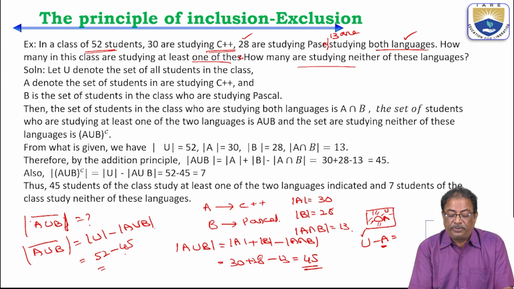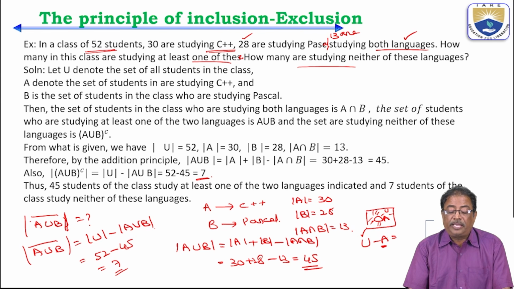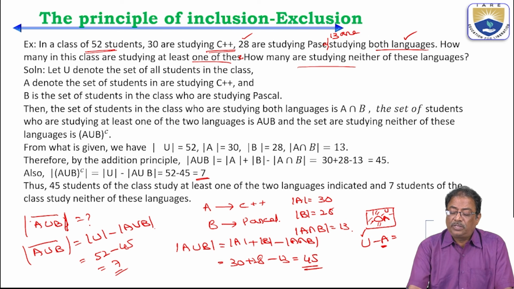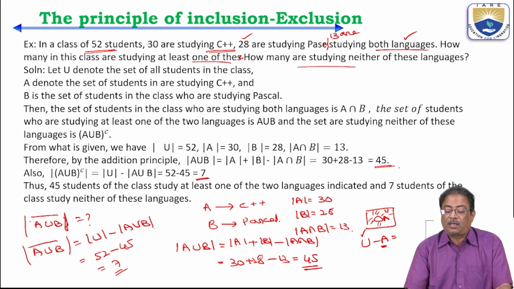Subsequently, we get 7. So 7 students are not taking C++ or Pascal, but either C++ or Pascal, there are 45 students taking these two courses.